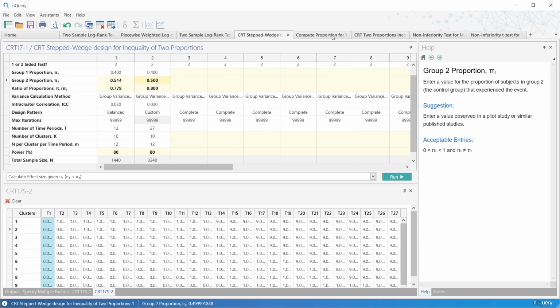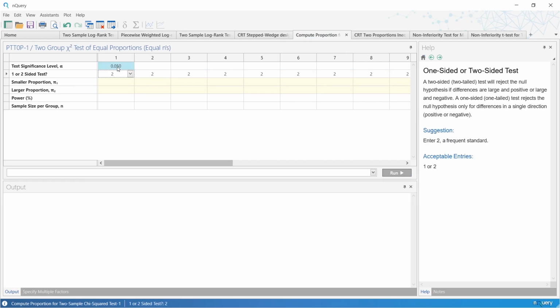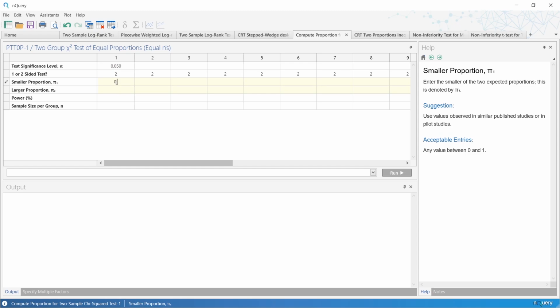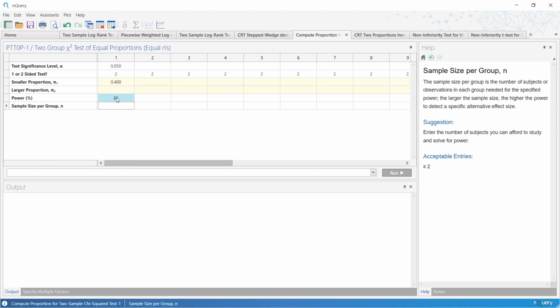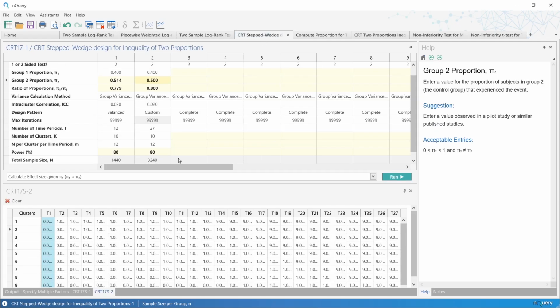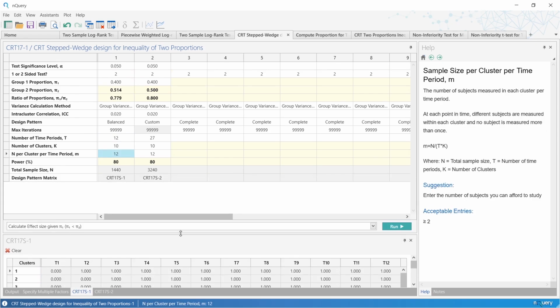And we could compare this to what would have happened if we'd used a standard study design where we had no cluster randomization. So let's say, 0.4 and then power of 80%. And this sample size, what was the sample size in this case? Well, it's 12 by 10 by 12, 1440.